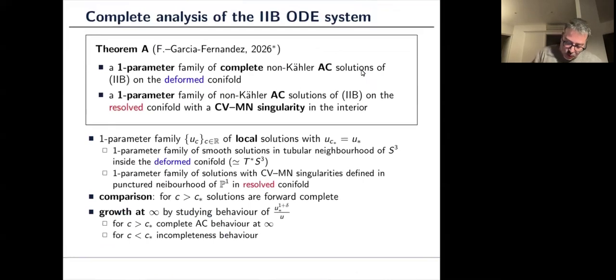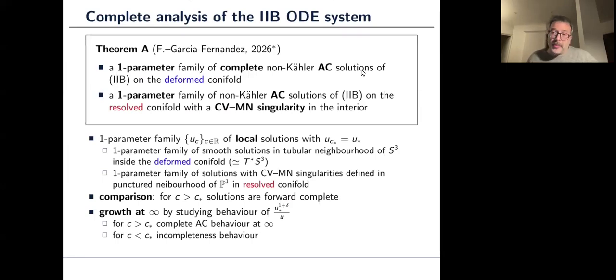It requires some analysis. The first step is about proving that solutions exist for all time if the parameters lie in a certain range, and this is based on some comparison argument for this ODE system.